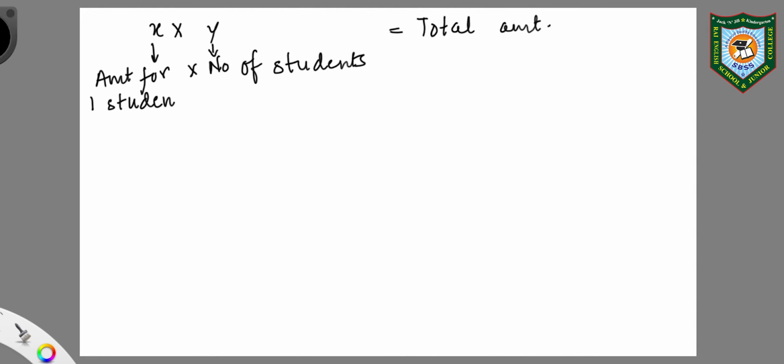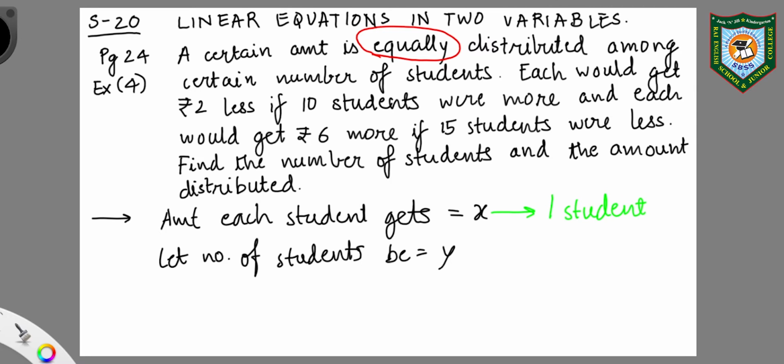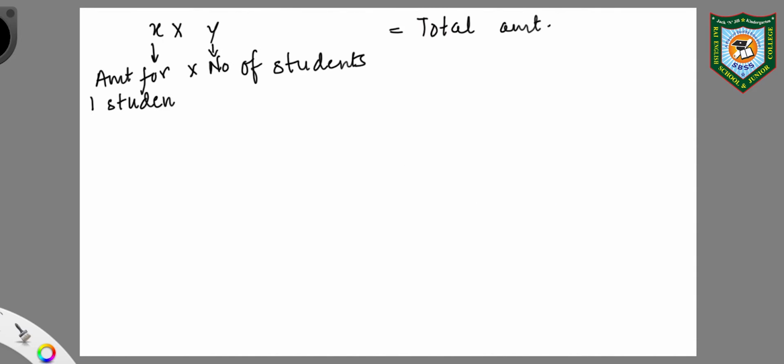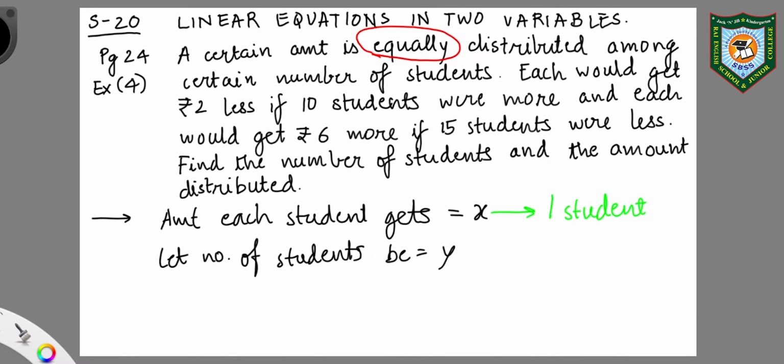Now let's go ahead and read the statement after that. Each, each would mean each student, would get rupees 2 less. Less means there is subtraction involved, if 10 students were more. Now here the statement says that there are y students, and if 10 students are more, each student gets rupees 2 less.